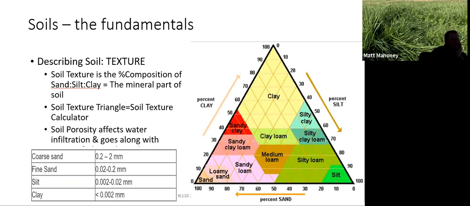So, describing soil texture. This is our soil texture triangle. Australian soils comprise three main components: a percentage of clay, a percentage of silt, and a percentage of sand.